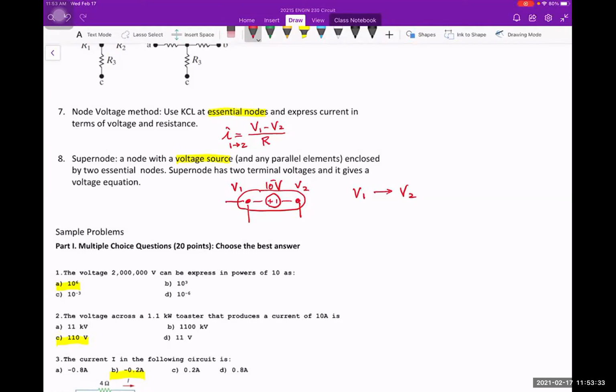Which one has a higher voltage? If you start with V1 and you go to this voltage source, are you going to have a voltage drop or voltage gain? Drop. You have a voltage drop, that means you have V1 minus 10 will be equal to V2.